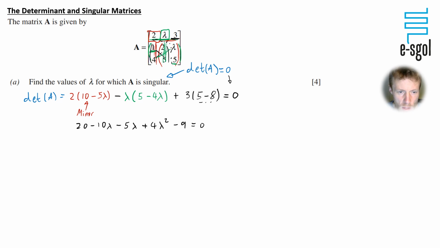And we've got a quadratic which we're going to solve. 4 lambda squared minus 15 lambda plus 11 equals 0. And then your preferred method of solving, this one we can factorise. It's going to be 11 and 1, minus and minus. So lambda is 11 over 4, or 1.